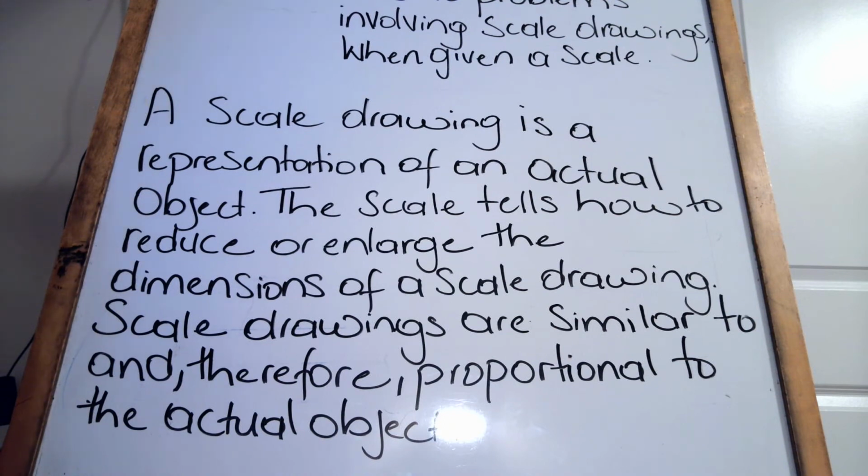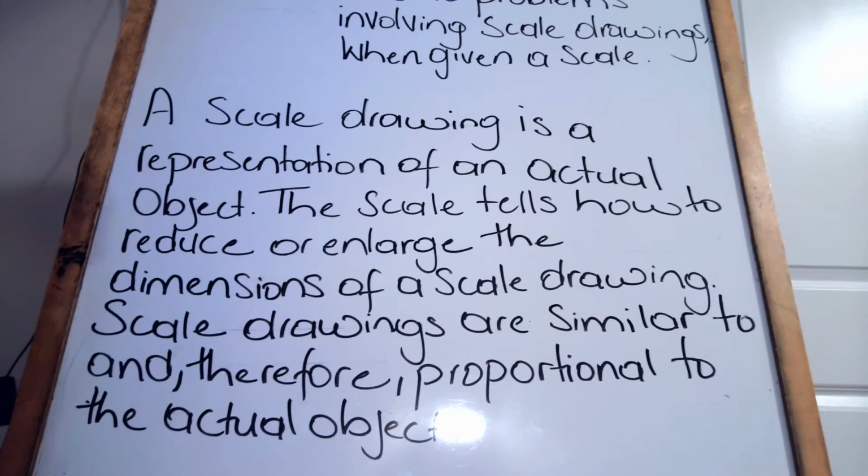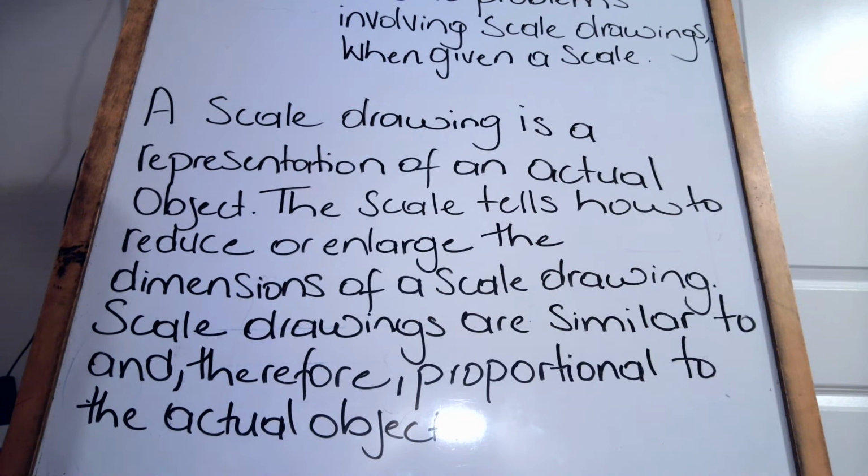So it is a scale drawing of that continent, country, or state. It just gives you an idea of how it will look. It's a representation of the actual place. Alright? So those are examples of scale drawing.